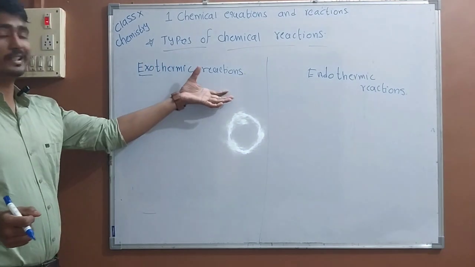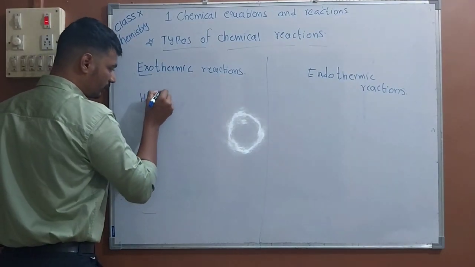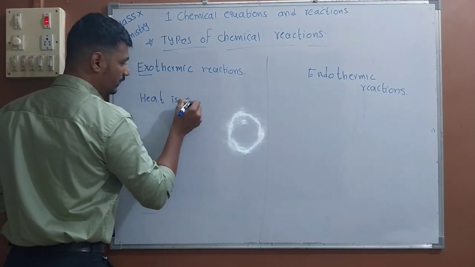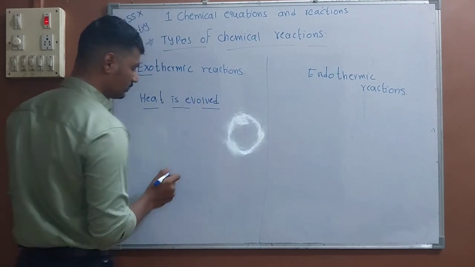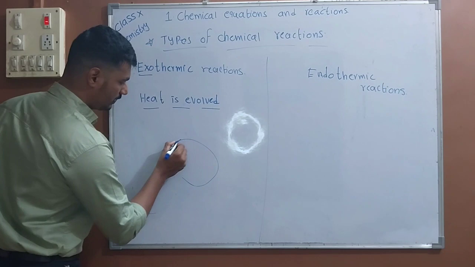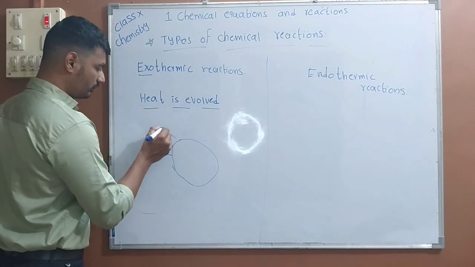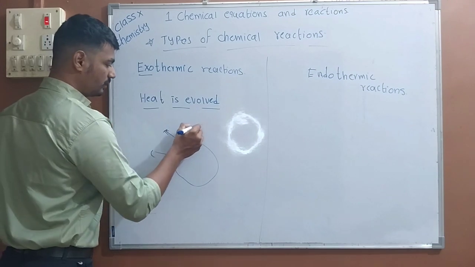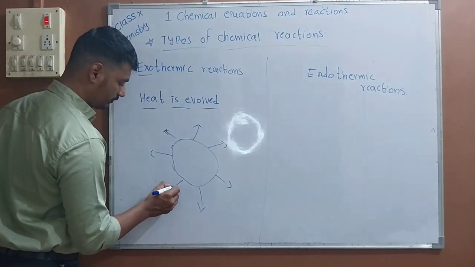So what are called exothermic reactions? Heat is thrown out, or heat is evolved. Suppose this is a chemical reaction. Here the chemical reaction is happening, so heat is being evolved.